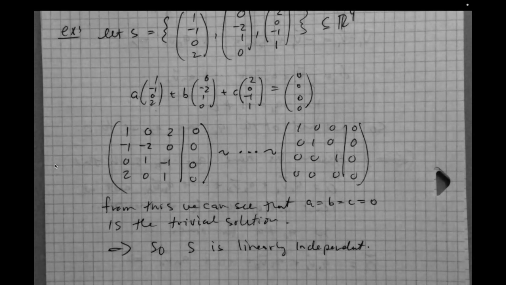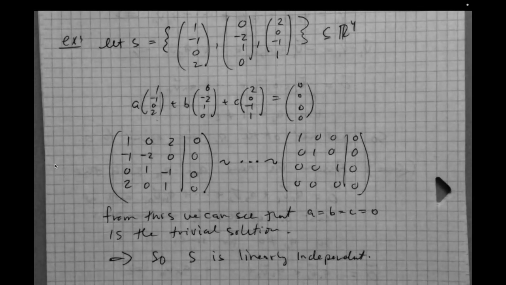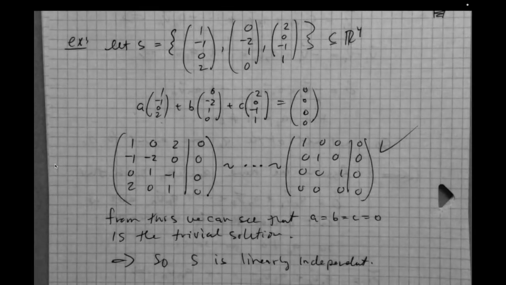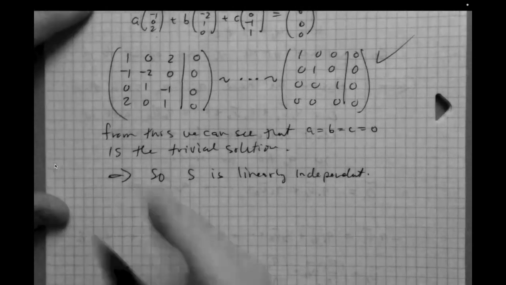In the case where it's not obvious, like in the earliest examples that we did, where you only have 2 vectors and one of them is clearly a scalar multiple of the other, you don't necessarily have to go through this. But in a case like this, where it's not obvious whether some of these vectors can be written as others, this is going to be the most efficient approach. Just plug it into this kind of a matrix and run it. Okay, and so here's the method.